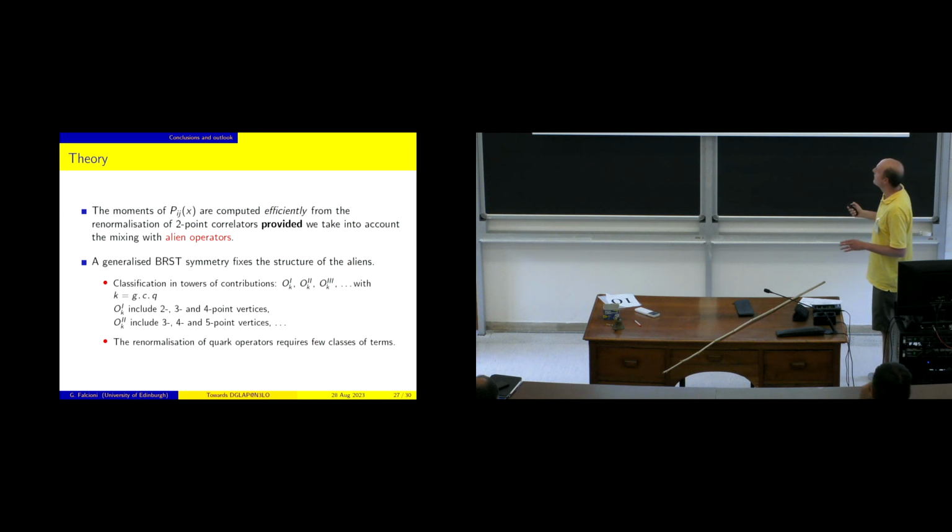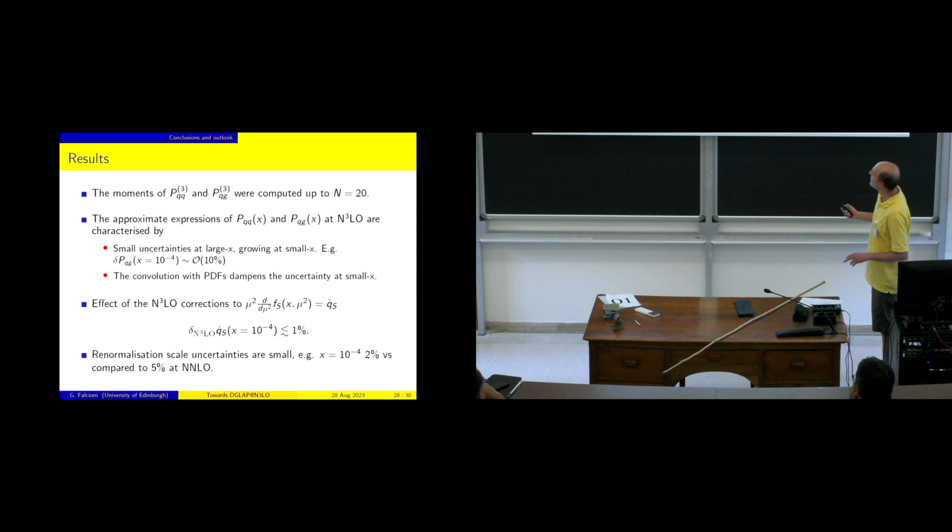We do find some BRST structure that fixes the contribution of these aliens, and we see a tower of contributions that can become more and more involved, that we call class 1, class 2, etc., where you add higher and higher point vertices. However, for instance, for the renormalization of the quark, you don't need all of this, and everything is quite treatable.